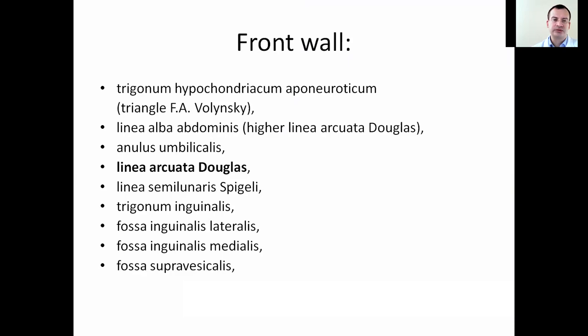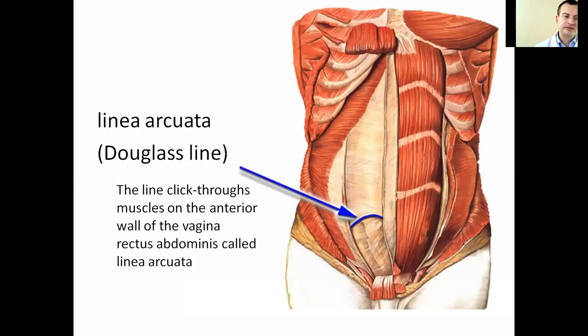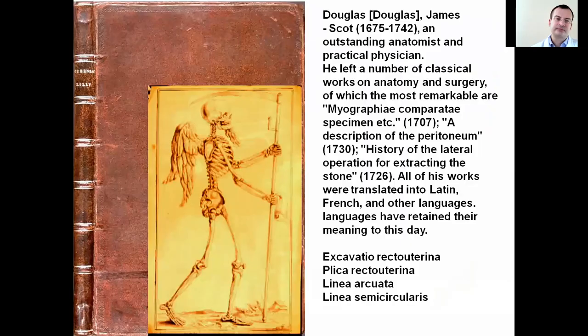Linea arcuata Douglas. The line running through the muscles on the posterior wall of the vagina recti abdominis is called linea arcuata.